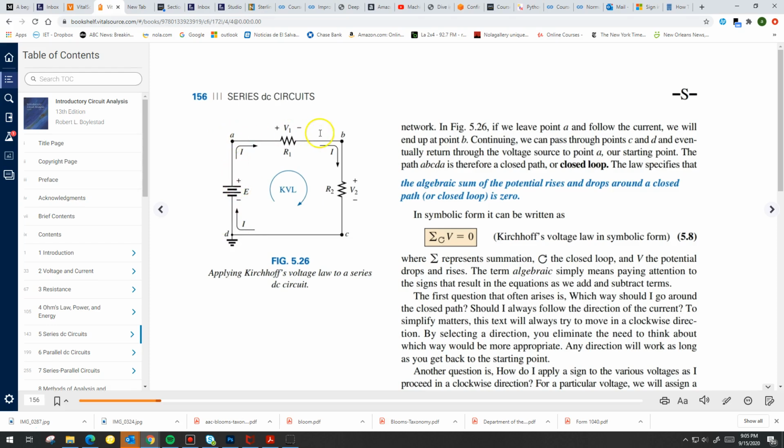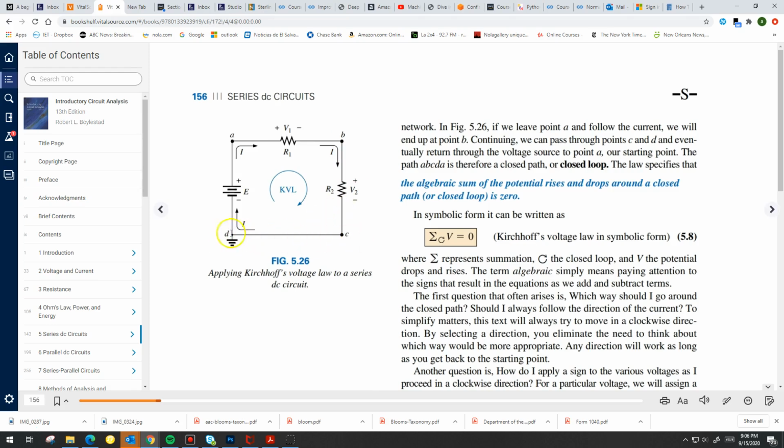As I go from A to B, I have a voltage drop of V1. As I go from B to C, I have another voltage drop, don't I? And then I go back to D.